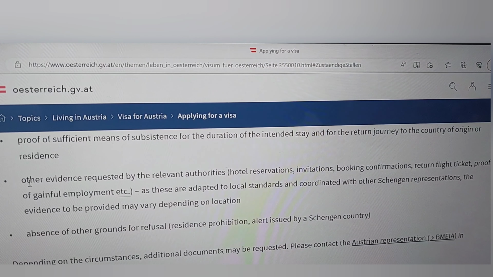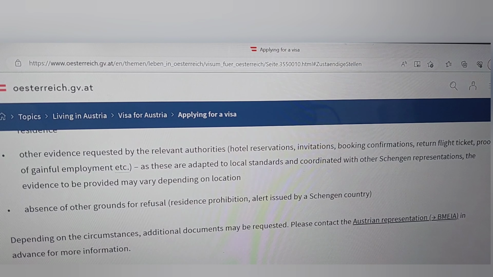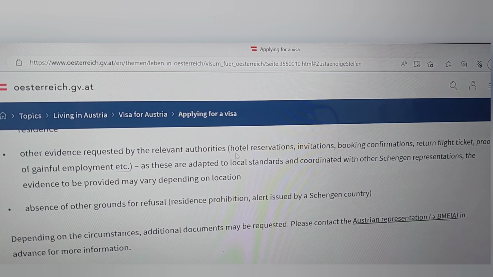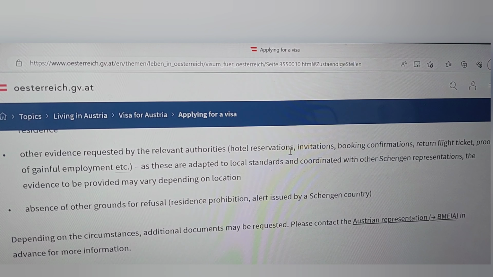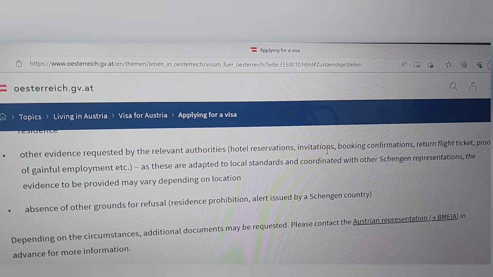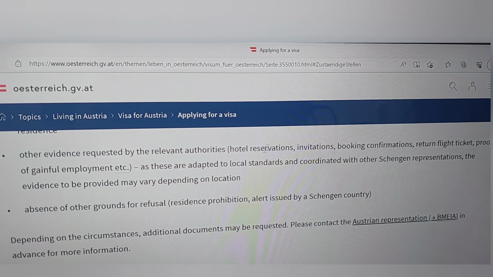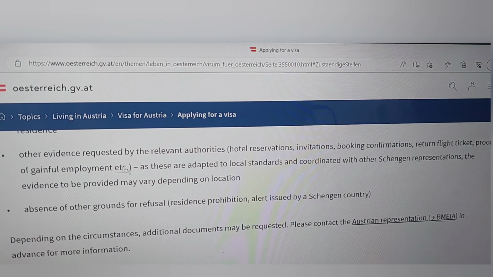Then the next one is other evidence requested by the relevant authorities: hotel reservation, invitations, in case you're being invited by someone living in Austria, booking confirmations of your hotel reservation, return flight tickets, proof of gainful employment, if you're working back home where you're coming from. All these things are needed.